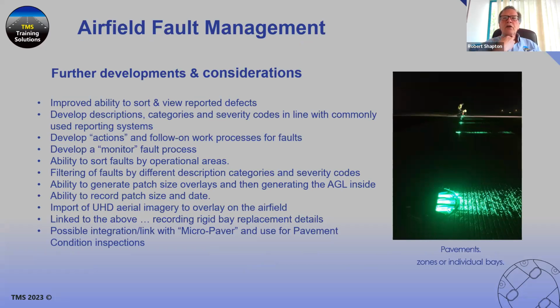Using a CMMS to record the different types of faults and where they are, they can be sorted into layers to categorize them by type and the severity of the fault, developing the management process of determining which actions are recorded and which are required for where.